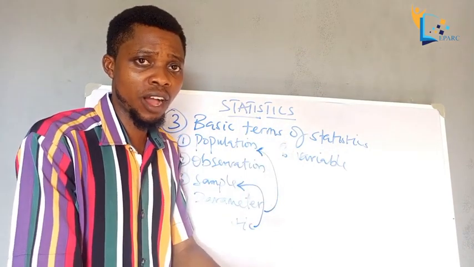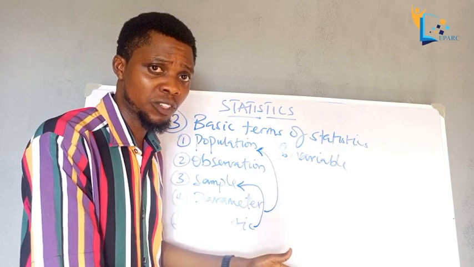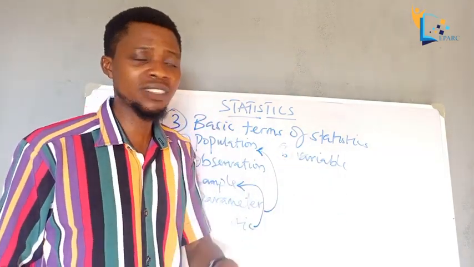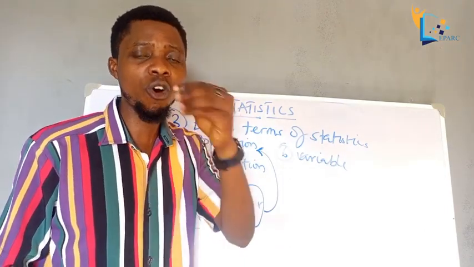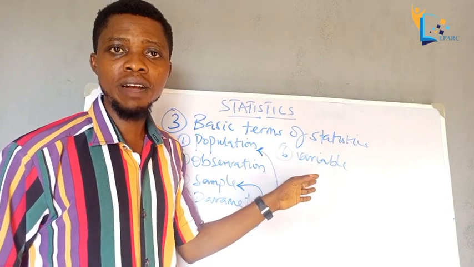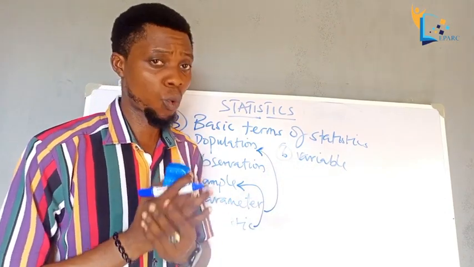This daily income for this person might be different from this person, and so on. So the small business owners are our unit of investigation.